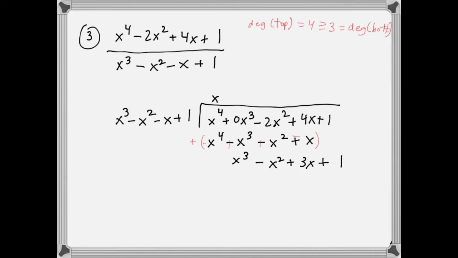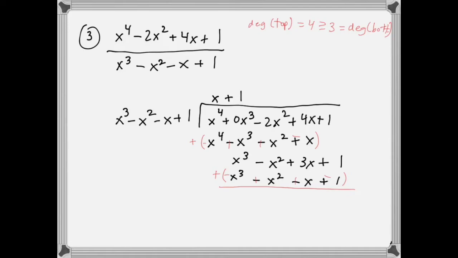And x cubed times what gives us x cubed? It's going to be positive 1. And then multiply it by 1. So we have x cubed minus x squared minus x plus 1. And we're going to subtract this, so we change all of these signs.